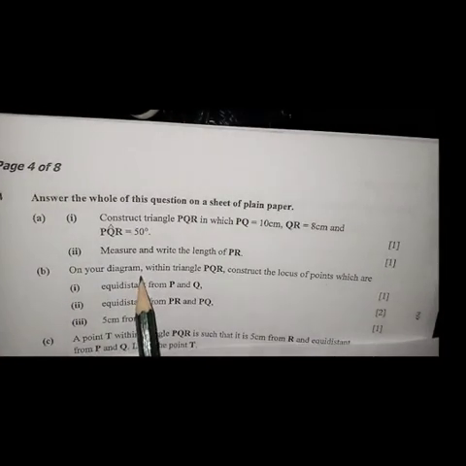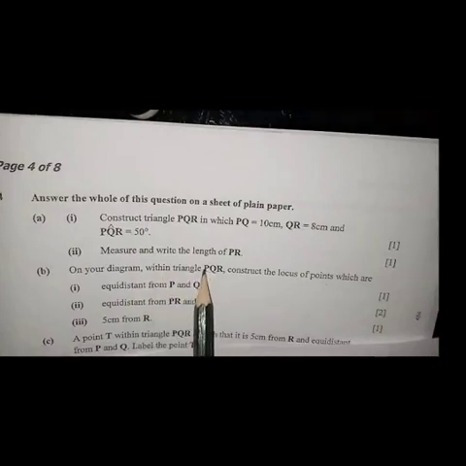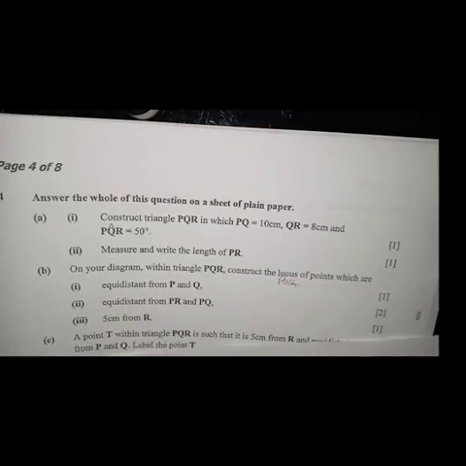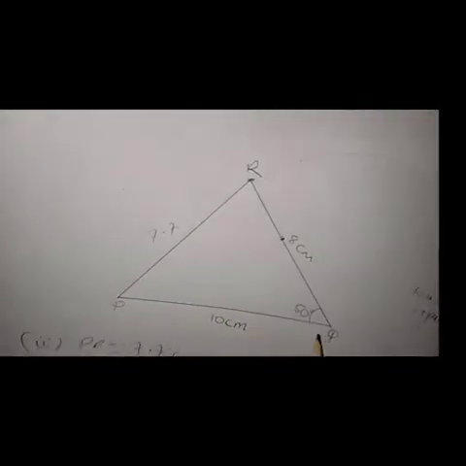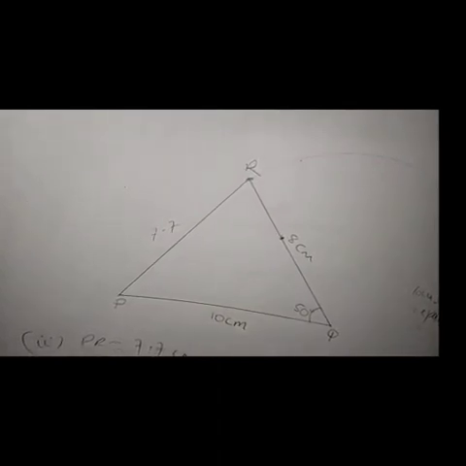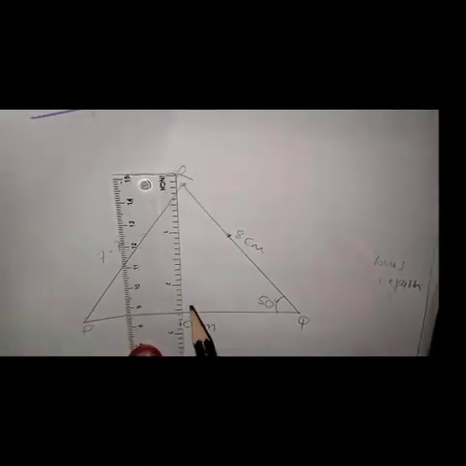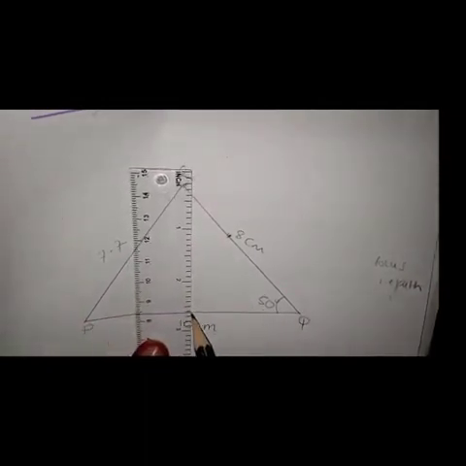So next, B: on your diagram, within triangle PQR that we are constructing, construct the locus. Locus means path. Locus of points which are equidistant from P and Q. So P and Q means you're going to draw a bisector of P and Q in such a way that there must be a line passing in between P and Q in this manner.